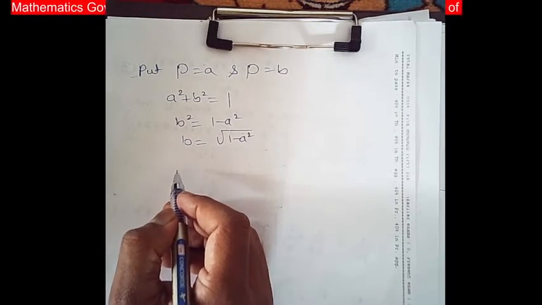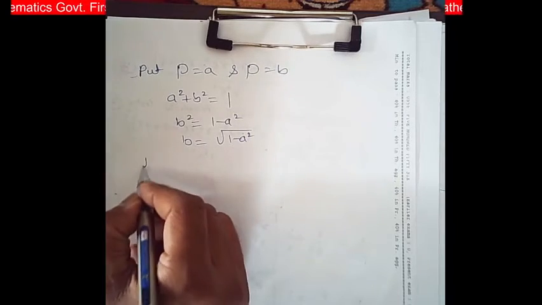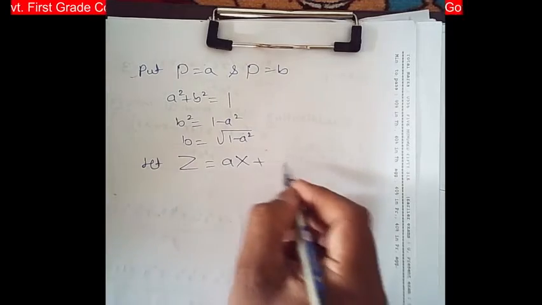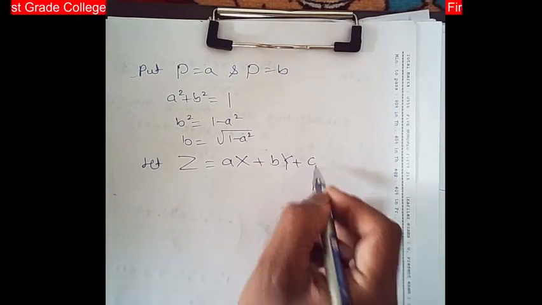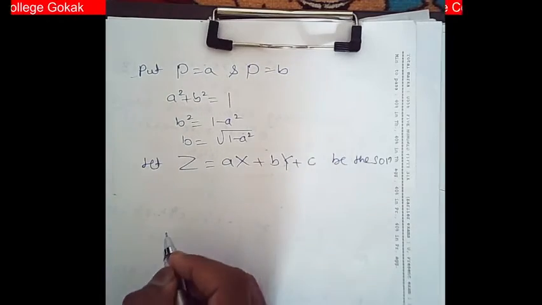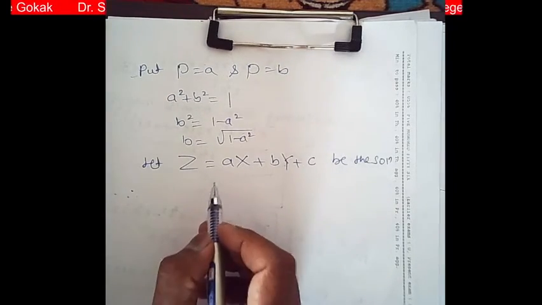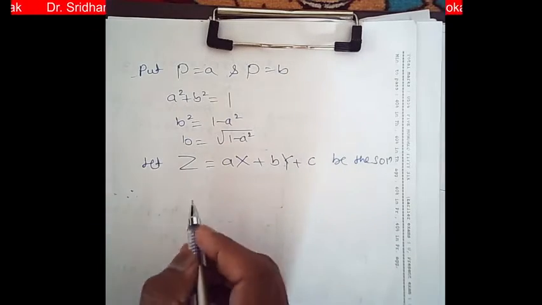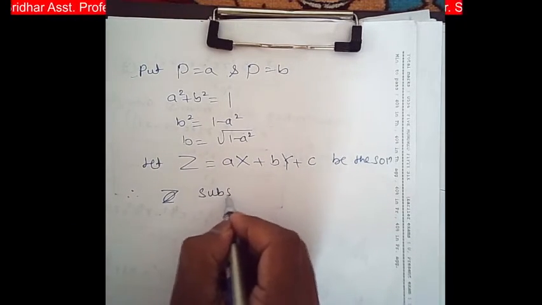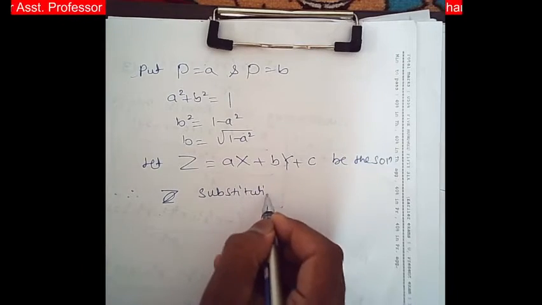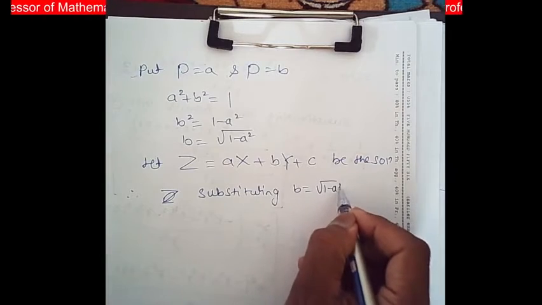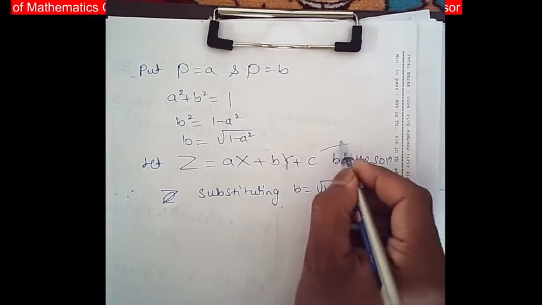Now let capital Z is equal to a capital X plus b capital Y plus c be the solution. So b is equal to square root of 1 minus a square, call this equation 3.